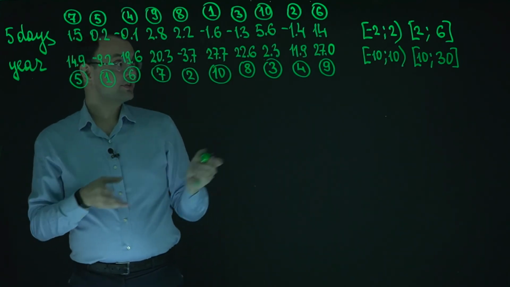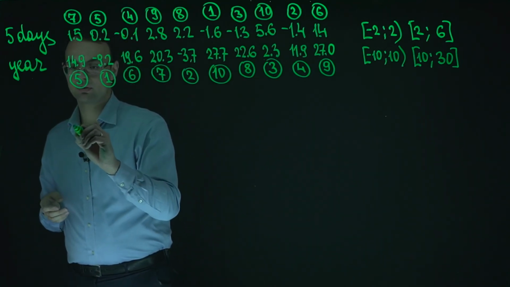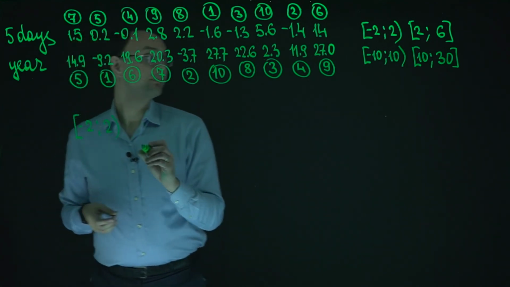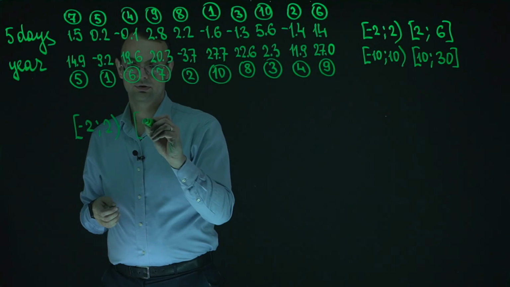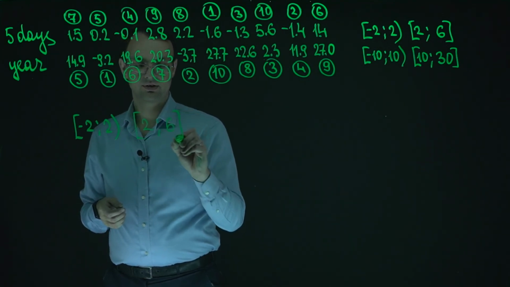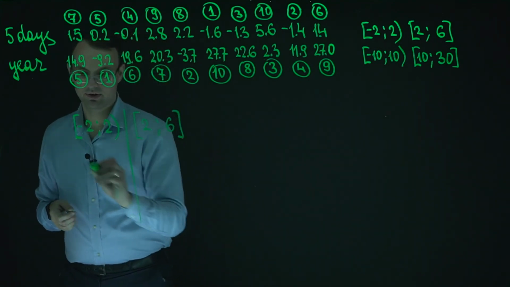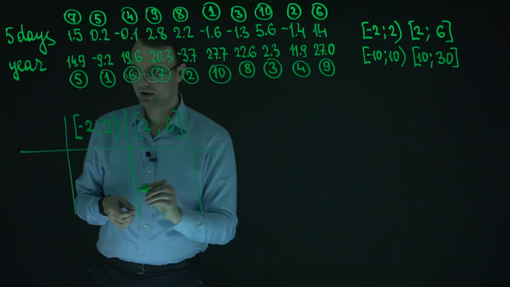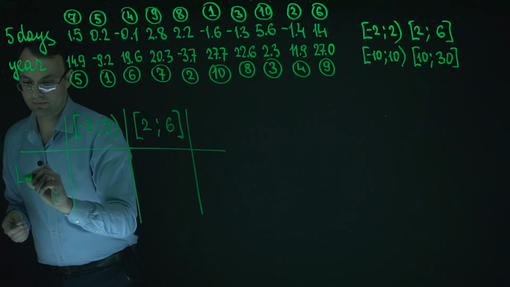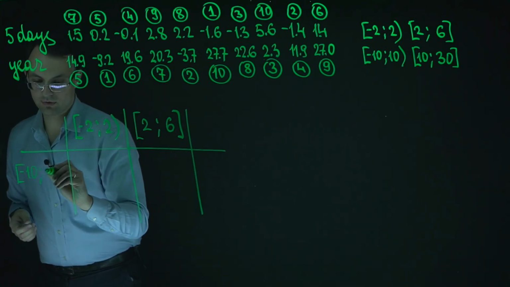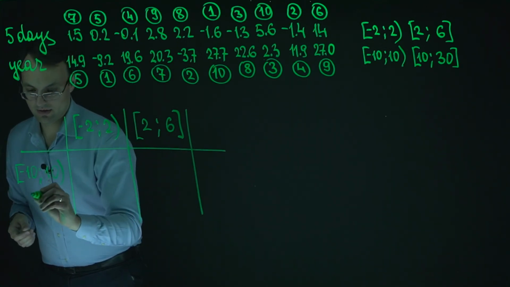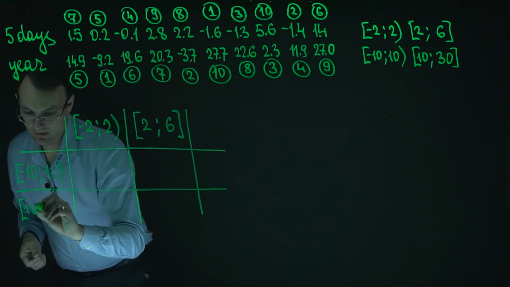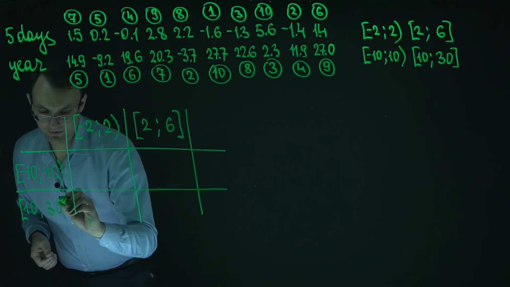After this we can fill the contingency table. So we have from minus 2 to plus 2, from 2 to 6 here, and here we have from minus 10 to plus 10 and from plus 10 to 30.